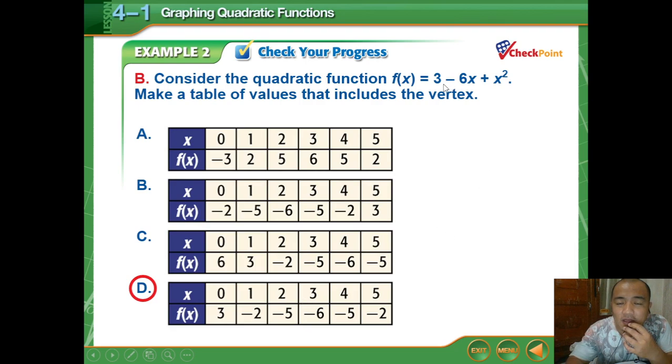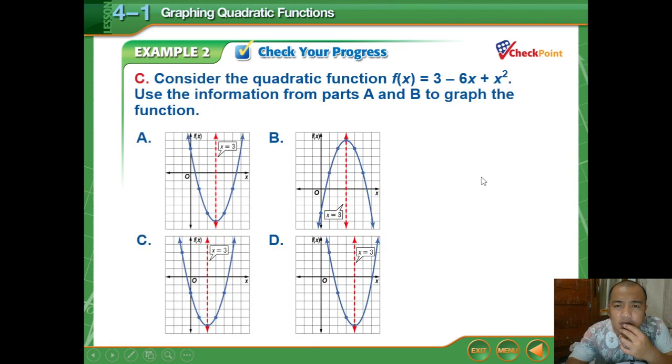Yes, 3 minus 18 is negative 15, and negative 15 plus 9 is negative 6, not positive 6. Alright, D.